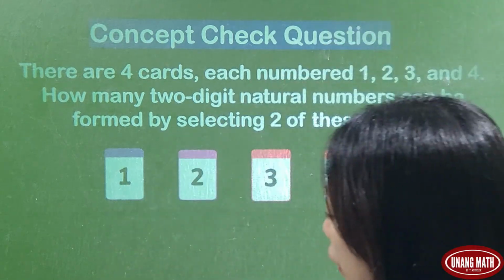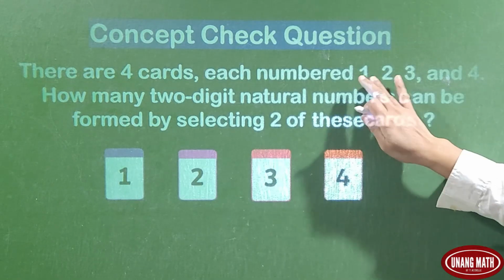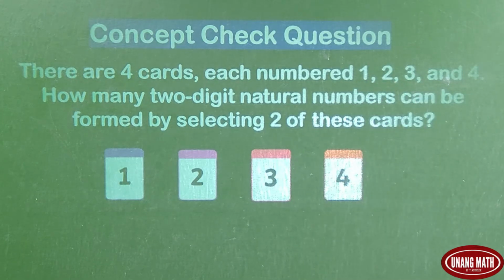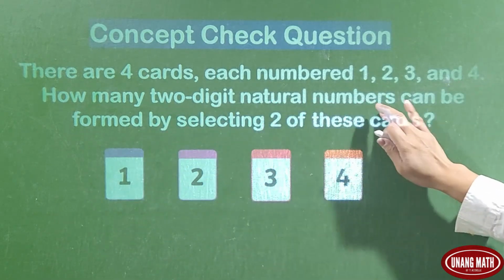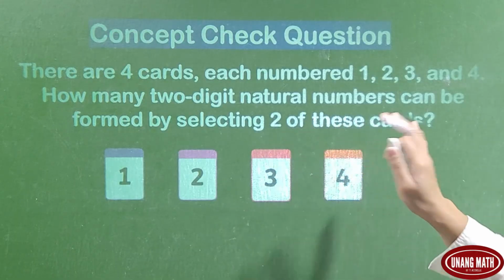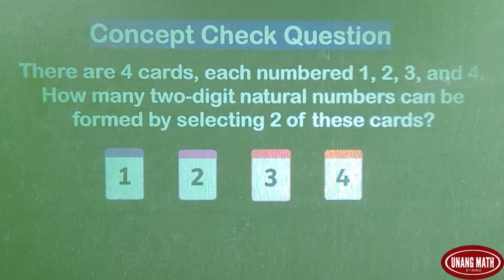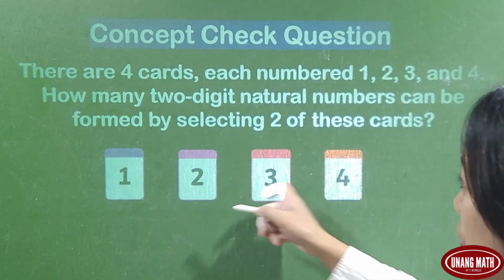There are 4 cards and each is numbered 1, 2, 3, and 4. So how many 2-digit natural numbers can be formed by selecting 2 of these cards? So 4 number cards, numbered 1, 2, 3, 4.